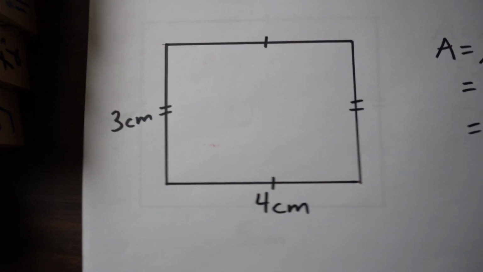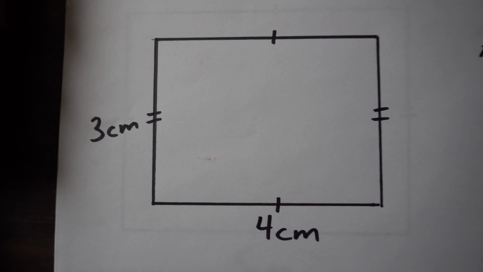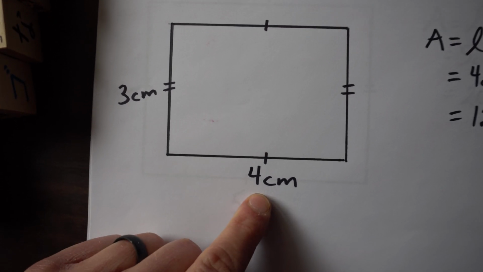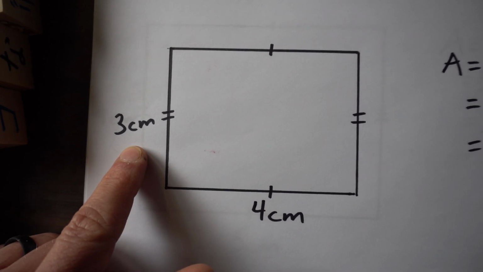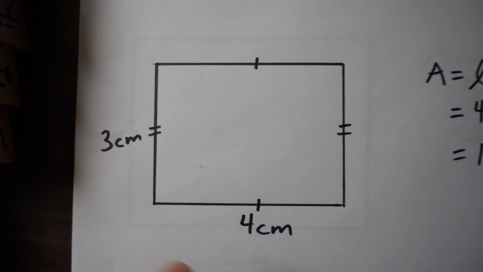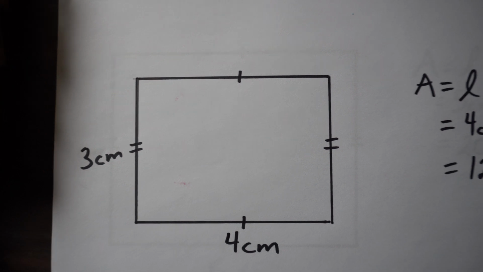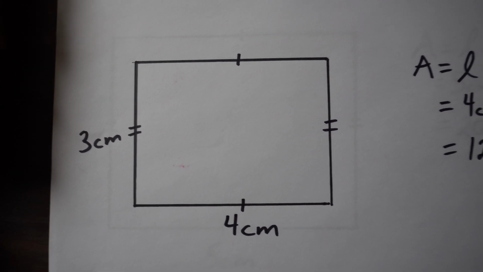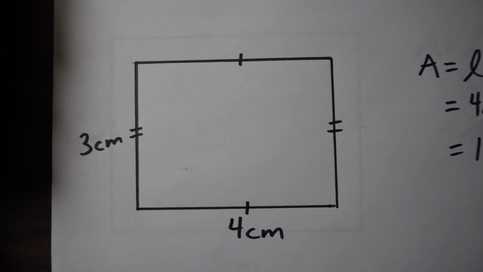Here's some examples. So let's say, for example, you had a rectangle that had a length of 4 centimeters and a width of 3 centimeters. You'll notice that I marked congruence marks on that rectangle, but you know by now the rectangle has 2 pairs of equal length sides.